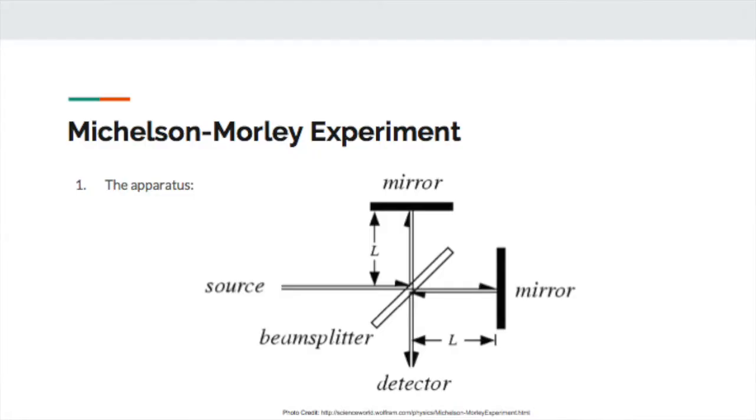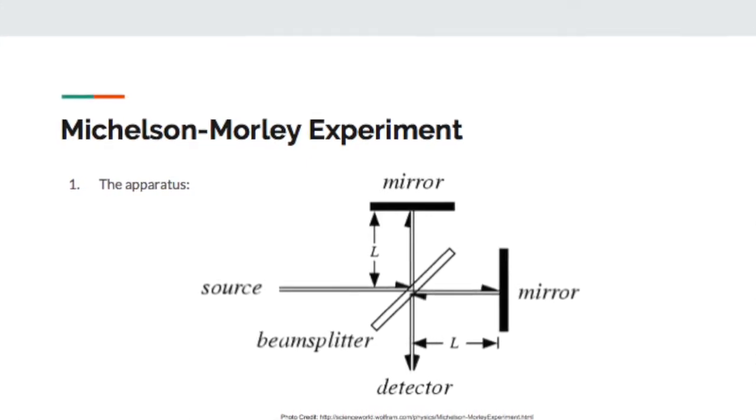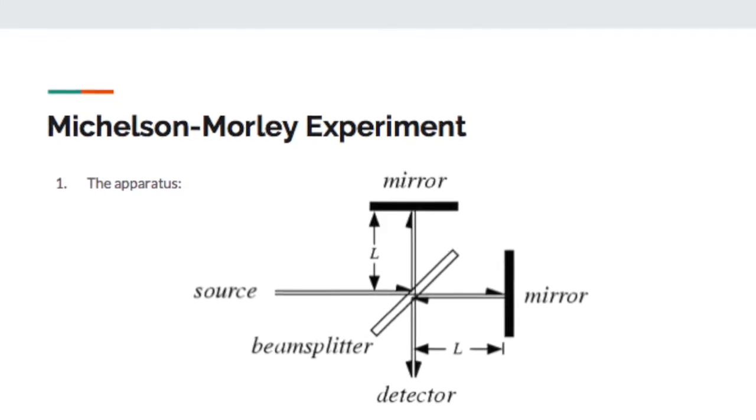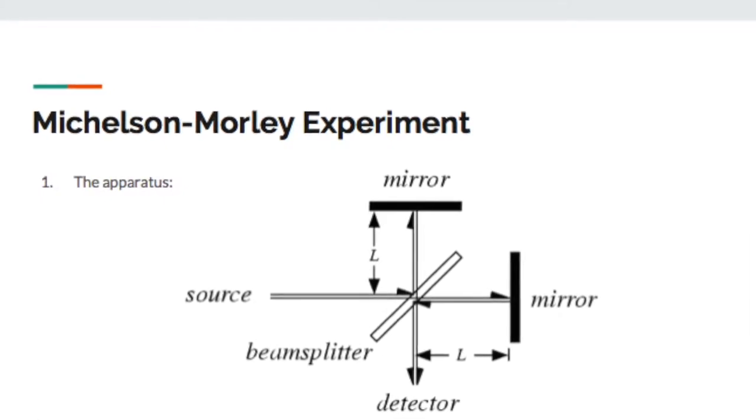Now, if we were at rest with respect to the ether, you would have noticed that the two distances from the middle mirror to the top and the side mirror were both L, right? So the same distance. That means that light would take the same amount of time to travel both the transverse and the longitudinal paths, and we should see no interference whatsoever, right?